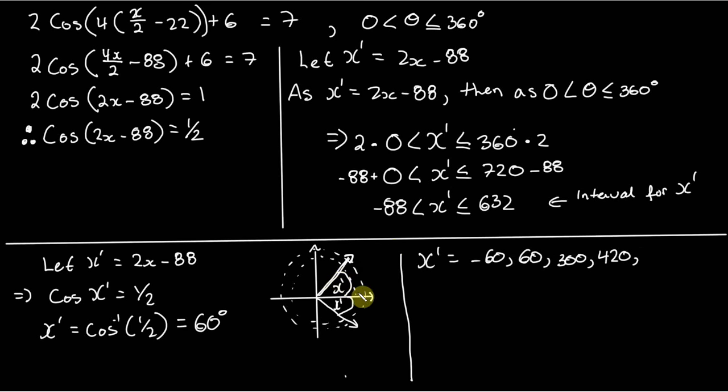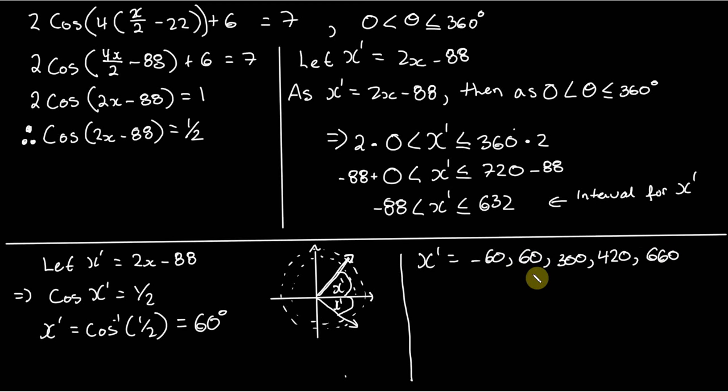Then we go all the way back around, which gives us 720. 720 plus 60 is way beyond the interval for x prime, but we can do 720 minus 60, which gives us 660. That's probably the only other solution we can plug in here.